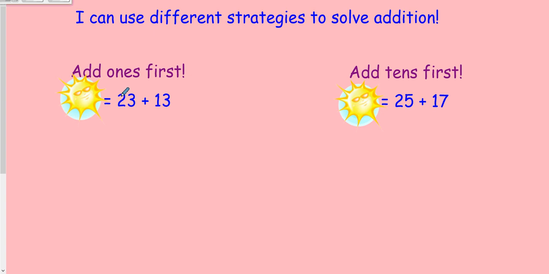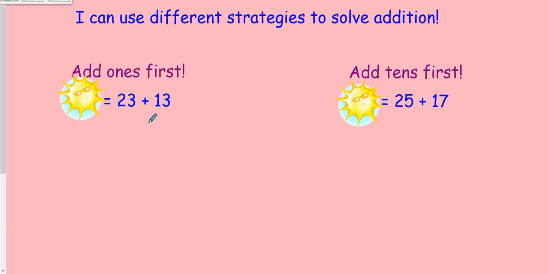That means they have a number in the tens place and a number in the ones place. So when I'm solving this problem, I want to think about the tens and ones.